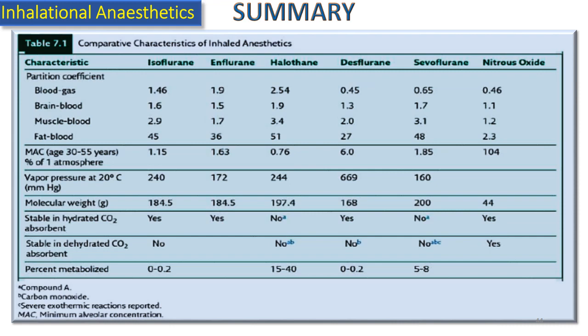Comparative characteristics of inhaled anesthetic agents: the partition coefficients, blood gas, brain blood, muscle blood, and fat blood. In all these four types of partition coefficient, nitrous oxide has the lowest partition coefficient and the highest MAC value.